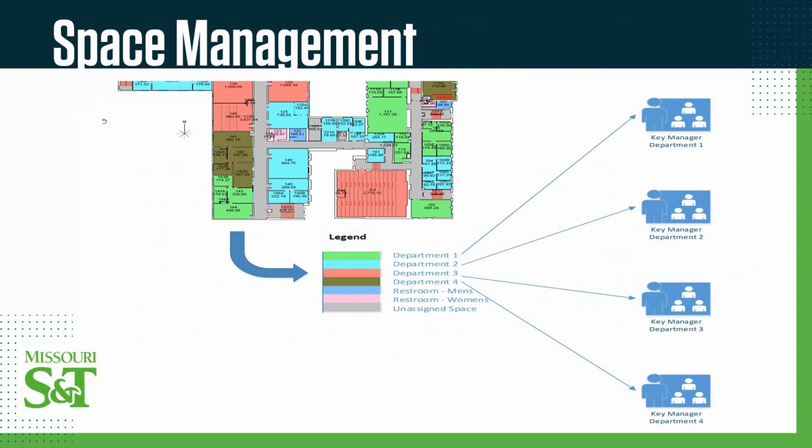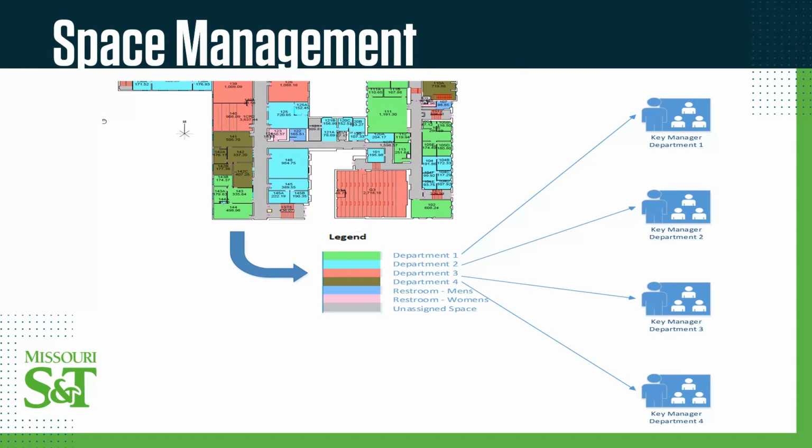So this is how it works. Space management has floor plans of all the buildings on campus, and they also know which department has ownership of those spaces. So you can see here, there's a floor plan with different colors for different rooms. Department 1 is green, so all the green rooms there are owned by Department 1.